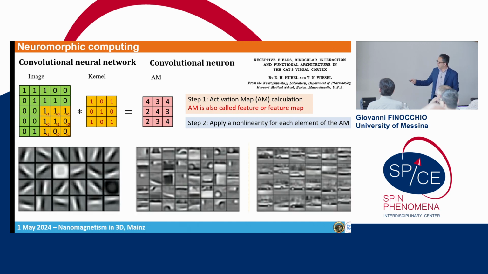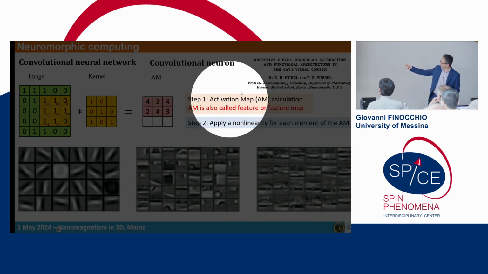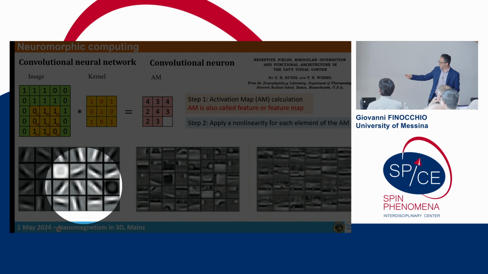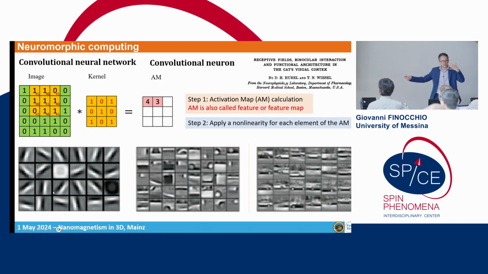This is an image which I took from the internet. And if you compare this image with the one of this paper, you see a similar thing. So you have different layers. The first layer of your visual cortex works like this, extracting simple details, and then those details are added up as you move toward the brain. So convolutional neural networks work like this for this reason.